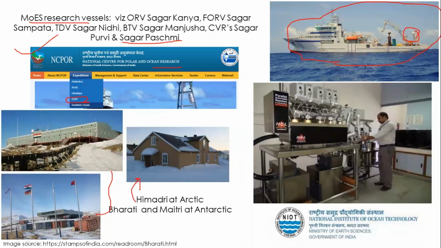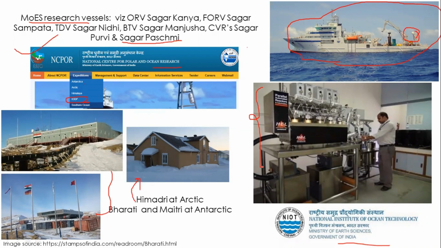Apart from these two locations, I should tell that at NIOT in Chennai, we do have a facility. I don't know whether it is functioning at present or not, but last time when we visited, it was working as a fermenter to maintain high pressure for working on deep sea microbiological experiments.